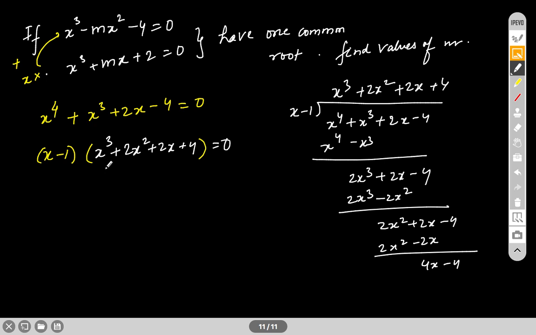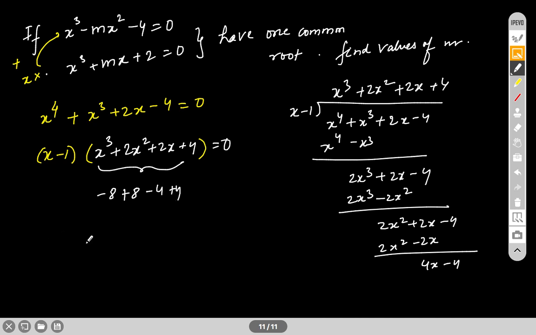Now if you check, minus 2 will also satisfy this, because if you put minus 2 here, you get minus 8 plus 8, and minus 4 plus 4. Are my signs proper? Satisfying it? Yes.